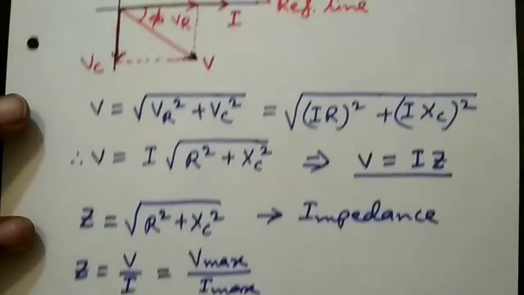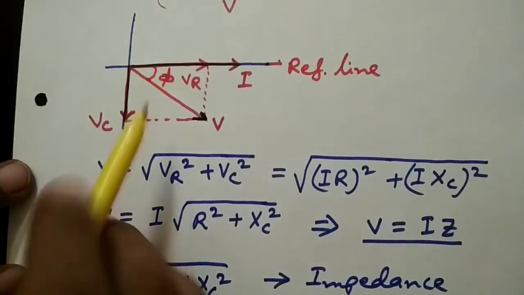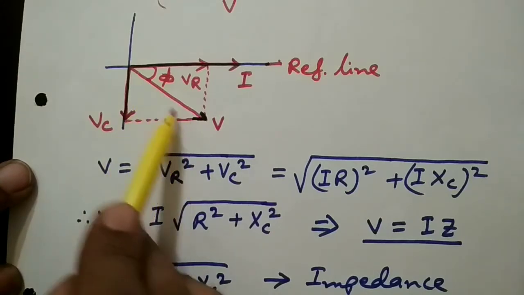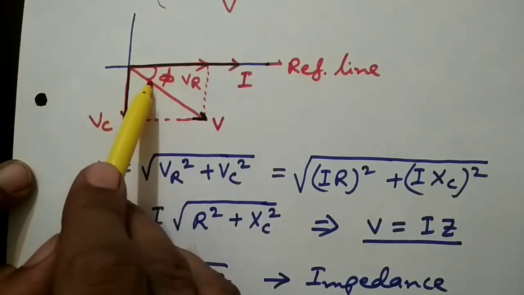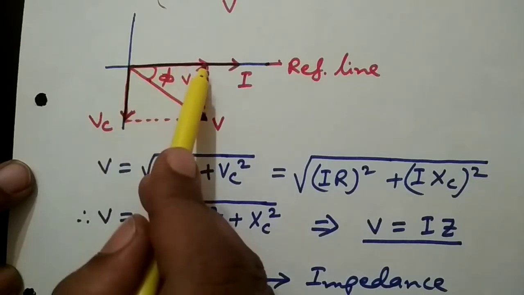Here phi can also be calculated from the original phasor diagram. If I write tan phi, then it will be VC upon VR.